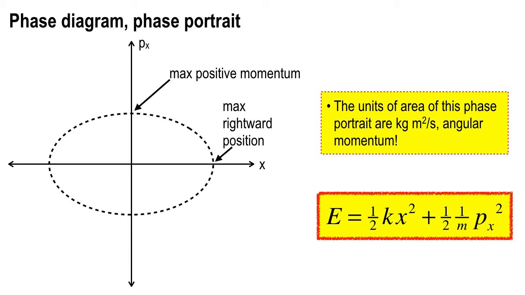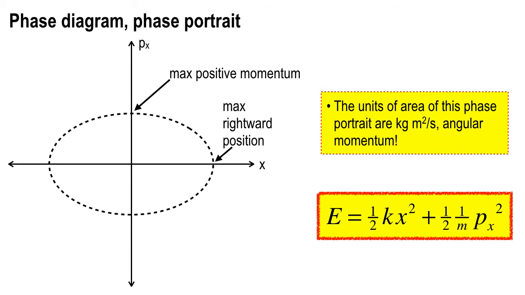But the unit of area of this is important, angular momentum. And here's the energy, and that's basically this formula here. If you took Algebra 2, I think maybe, in high school, you might see the formula for an ellipse in this second yellow box.